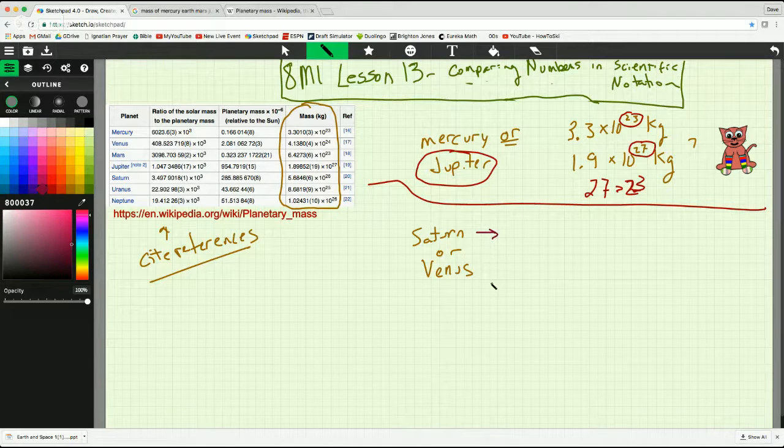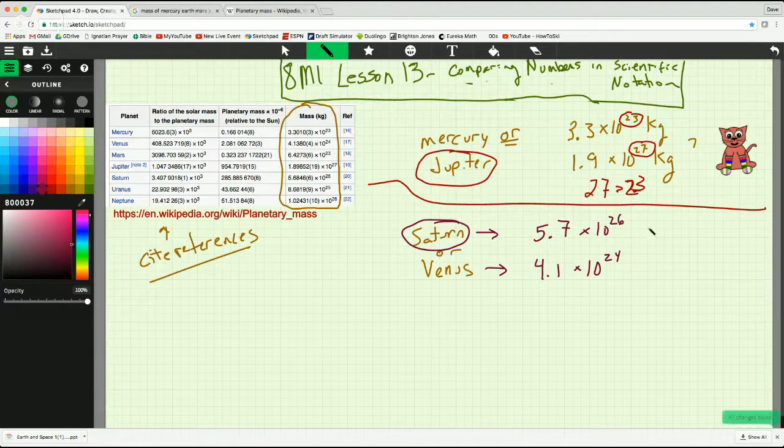So let's see what our answer is. I'm assuming you thought it out. This is 5.7 after you round it times 10 to the 26th. And Venus is 4.1 times 10 to the 24th. And so our answer is Saturn because 26 is greater than 24.